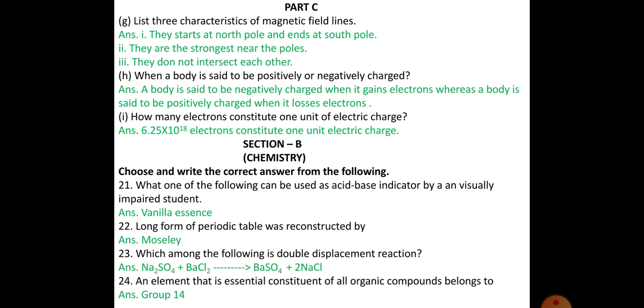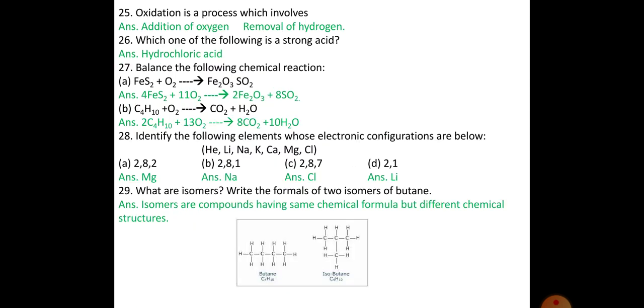That is sodium sulfate plus barium chloride will give barium sulfate plus sodium chloride. An element that is an essential constituent of all organic compounds belongs to group 14. Oxidation is a process which involves addition of oxygen and removal of hydrogen. Which one of the following is a strong acid? That is hydrochloric acid.